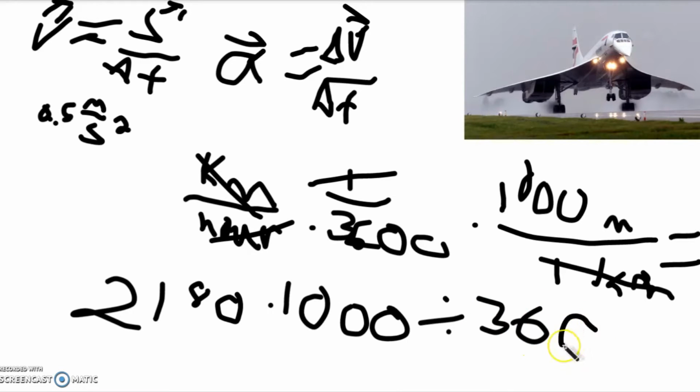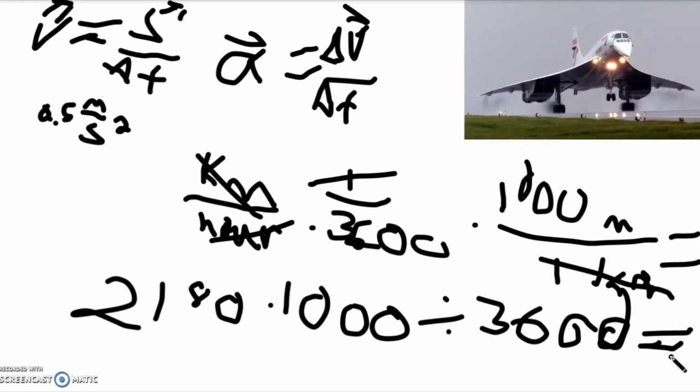And I believe, if I'm correct in my head, it's 605 meters, not per second, meters. That's how long the runway needs to be. Let me quickly check on my calculator. 2,180 times 1,000 divided by 3,600 equals 605 meters. Yes, so you need a runway that's 605 meters.